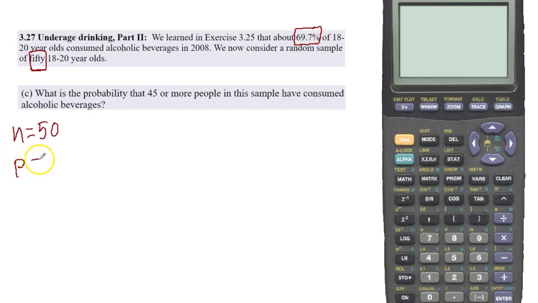We'll put that in decimal form, 0.697. Okay, so there's N and P. Now what the question is asking, what is the probability that 45 or more people in the sample, so we want to find the probability that X is greater than or equal to 45. So it includes 45.